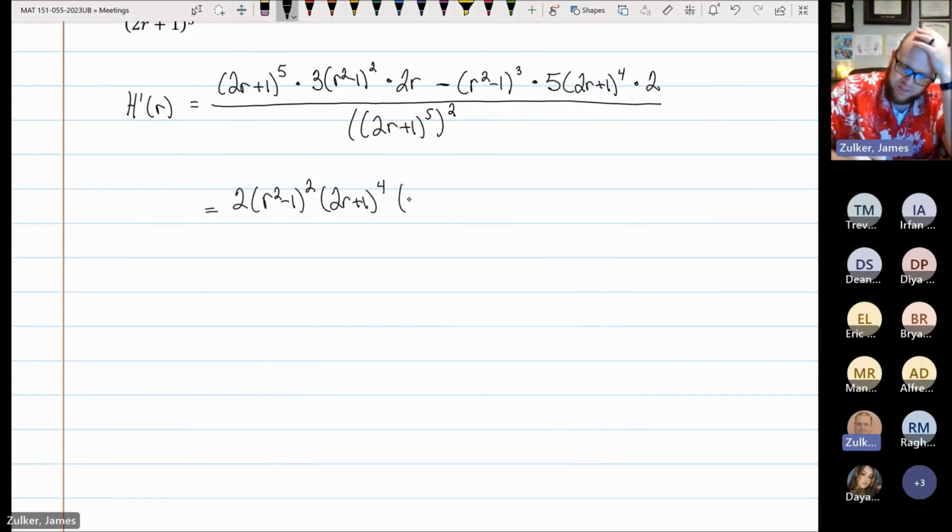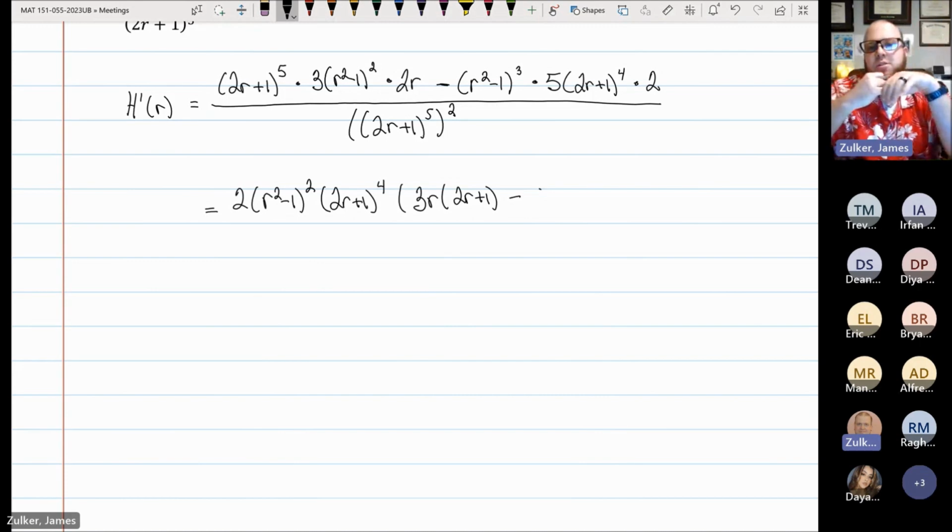And then what are we left with? 3r times 2r plus 1 minus 5 times r squared minus 1, all over 2r plus 1 to the 10th power.